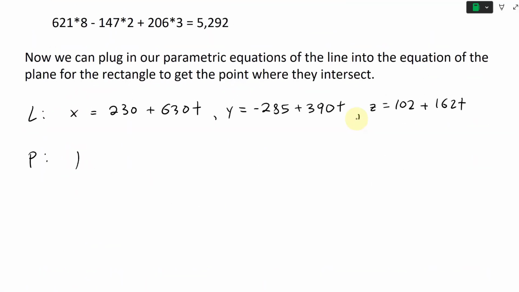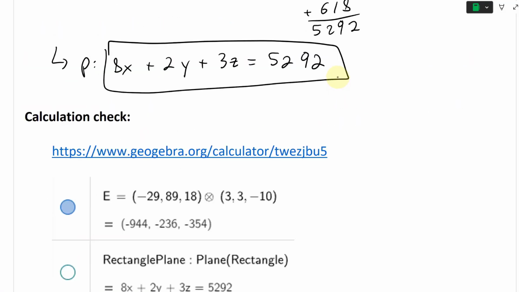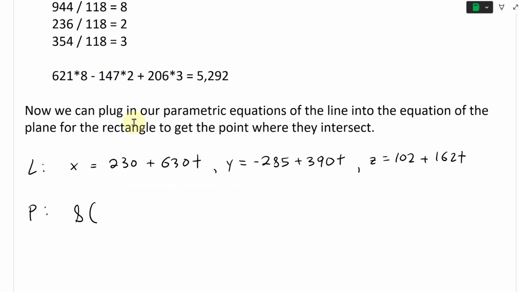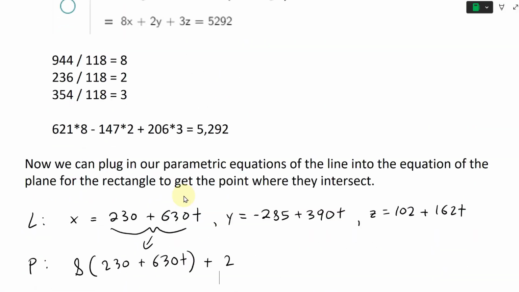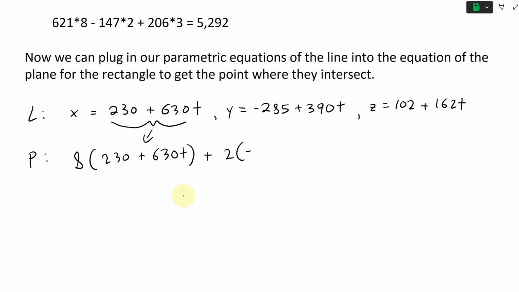So this is going to be 8, and then the x, so yes, 823. So 8, plug in the 230 plus 630t. Yes, let's plug that in. Let's put the arrow like that. The next one's going to be 2y, so 2 times -285 plus 390t, and then plus 3z.